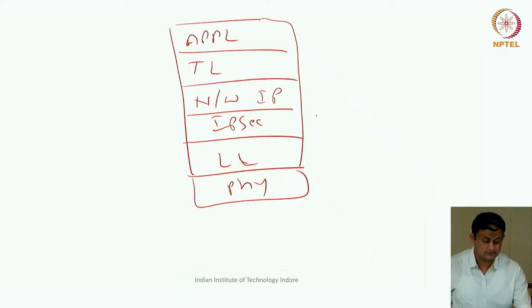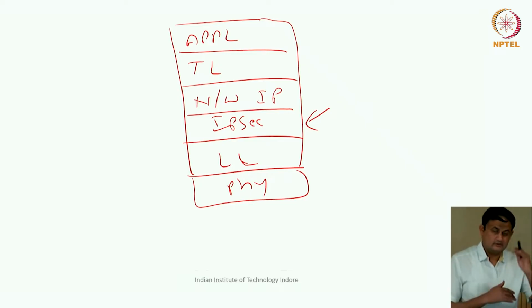So this is where the addition comes into the picture. This is not a layer added to the TCP/IP stack per se, but looking at the operations of IPSec, this is what you can think.